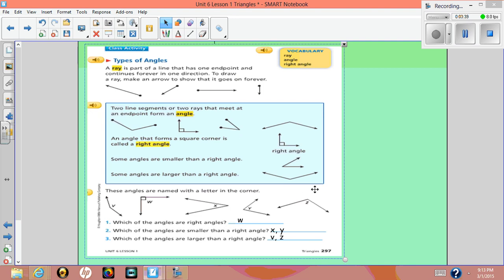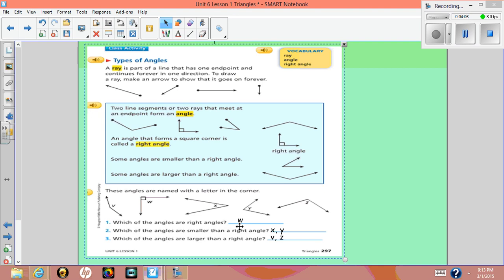Let's look at these angles that are named with a letter in the corner. So here's V, W, X, Y, and Z. I've identified them so you can look at their attributes and see if you can understand which of the angles are right angles. There's only one identified as a right angle. These are two perpendicular lines, and we have a square built in the middle.